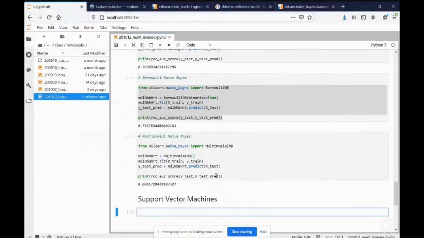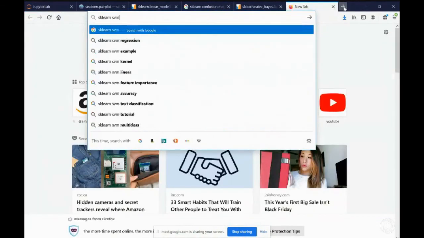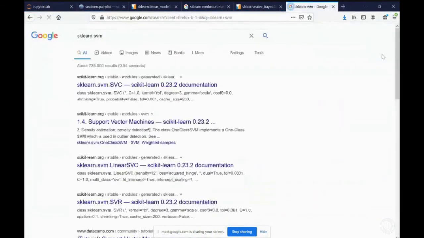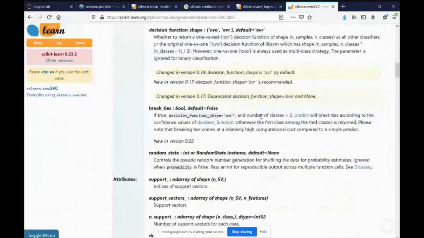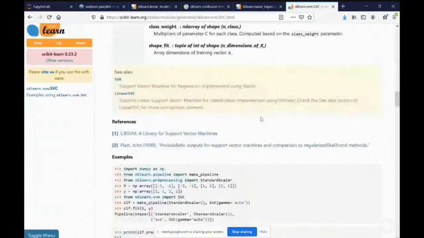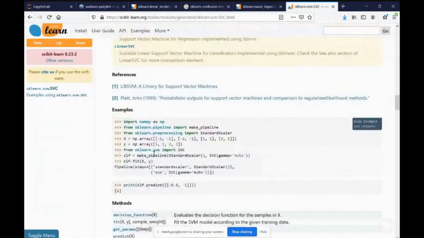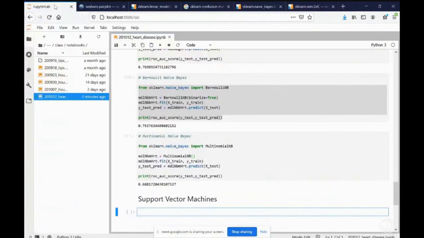So let's go ahead and look for sklearn SVM. You could do a support vector for regression also, but we're going to do it for classification. Okay, so under .svm, and then we have svc.